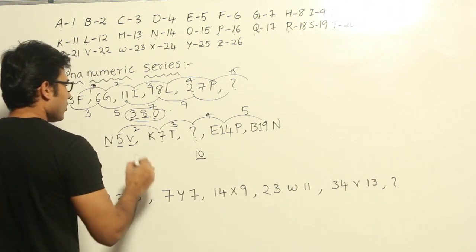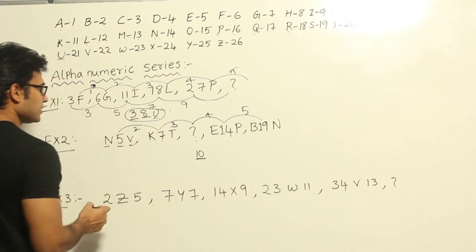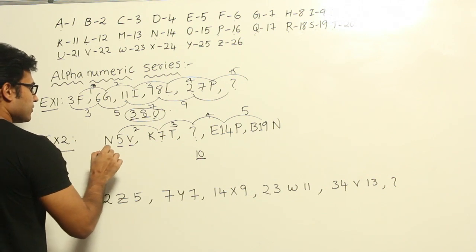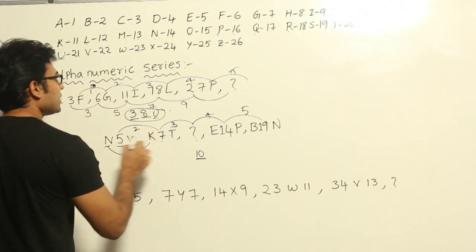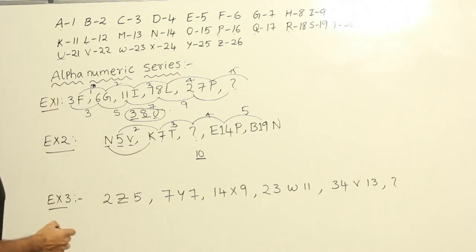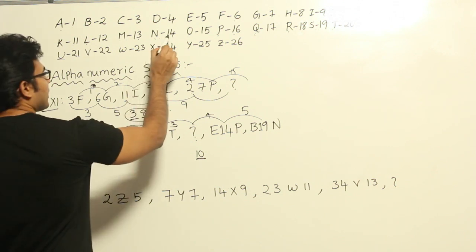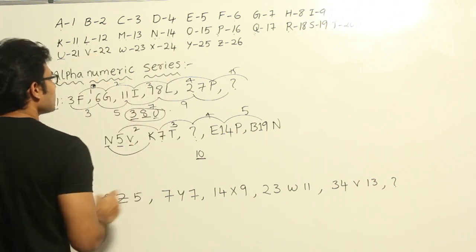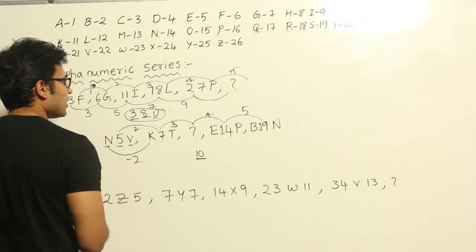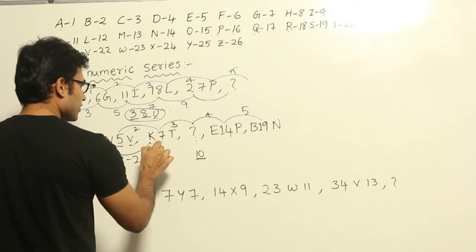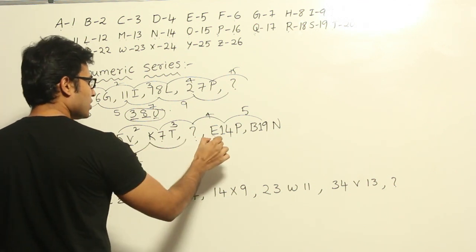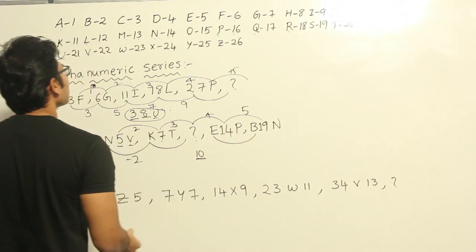Got it? Okay, now coming to the letters here, the first one is N, right? So N and K. Now if you see the difference between N and K, here N is 14, K is 11, which means minus 2 is being done. Now what should be the difference from here to here? Let's see what the difference is from here to here as well, then you might get a clue.